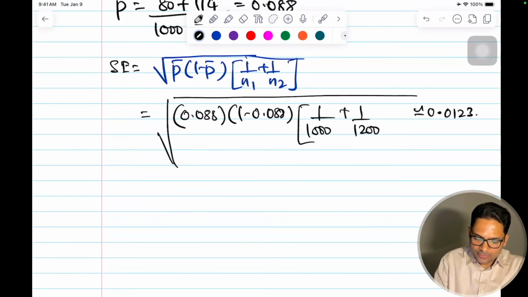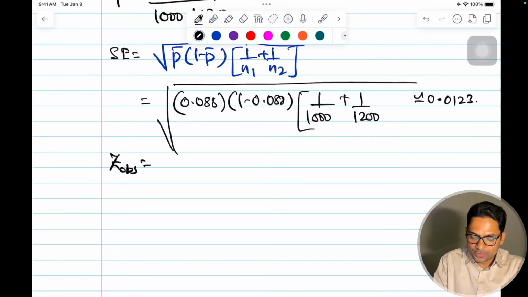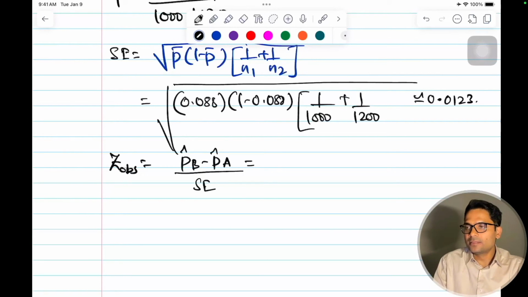Finally my Z observed, or T observed. If I talk about the test statistic, generally it is Z observed. Whatever test statistic I'm measuring, this should be equal to, because I'm measuring whether PB is greater than PA or not, divided by the standard error. What is my PB?